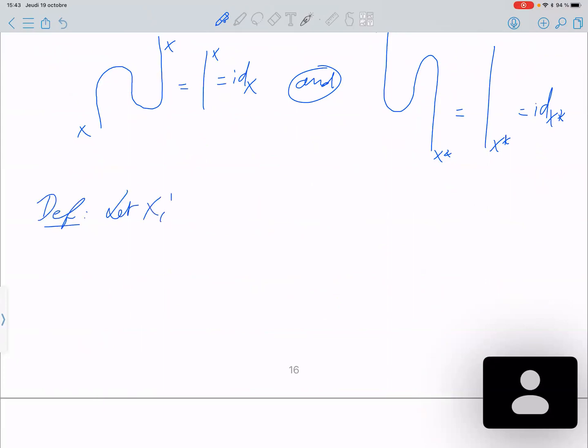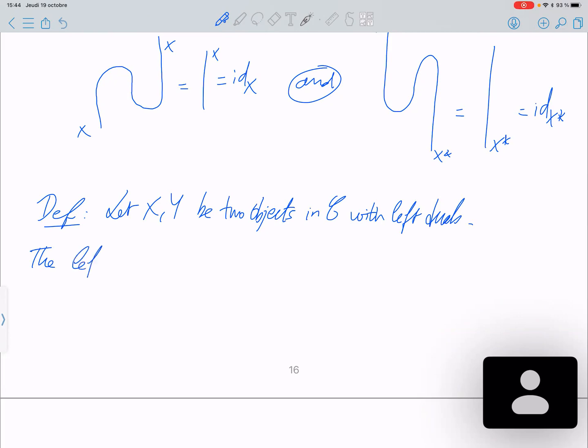So let X, Y be two objects in C with left duals, and we will consider a morphism between X and Y, and we want to define the dual of this morphism.